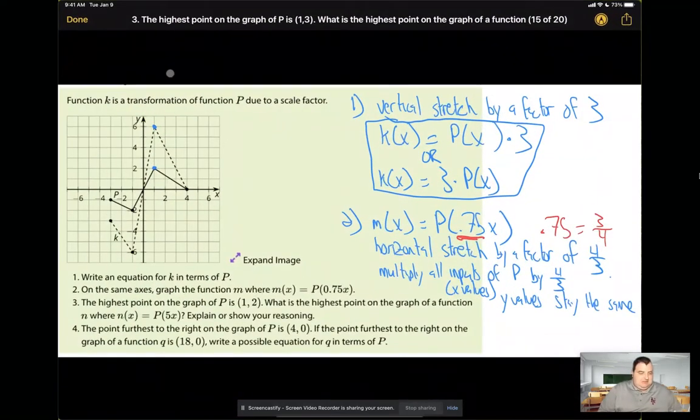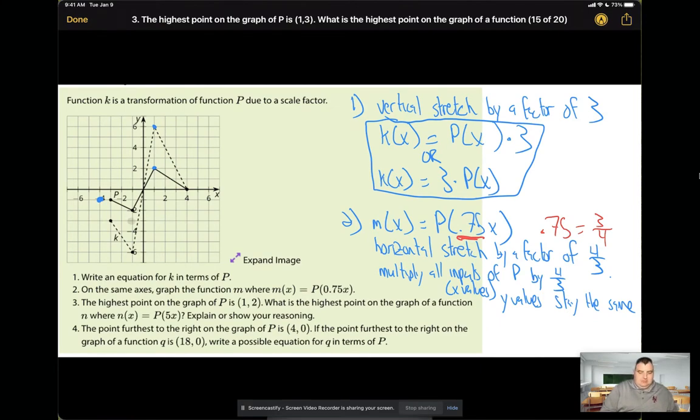So my X value of the new function is going to be -4, and my Y value is going to stay at -1.